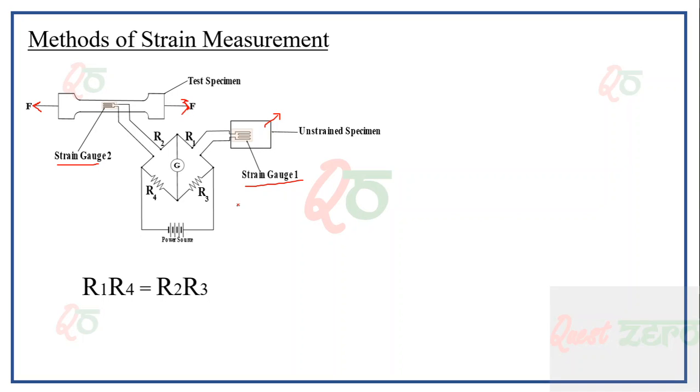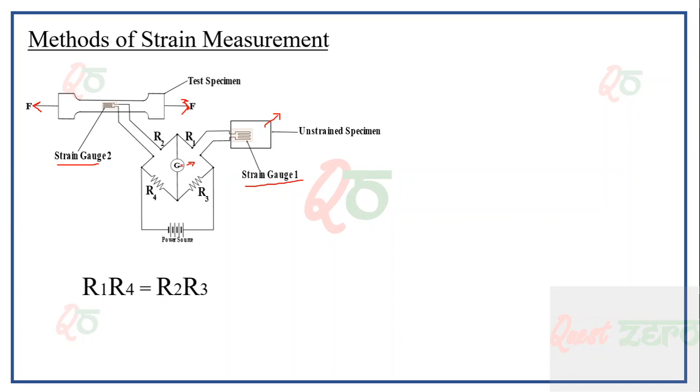Now when the elongation takes place, R2, the resistance of the strain gauge connected to the test specimen, will change. So once R2 changes, the balance of the circuit is disturbed, and a reading will be obtained on the galvanometer in the circuit.